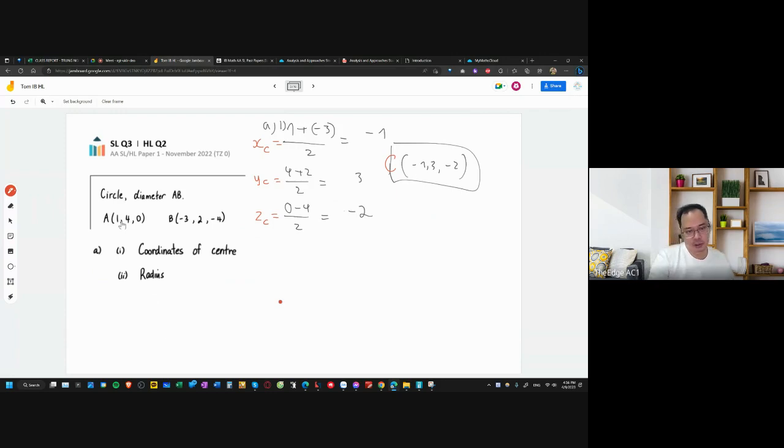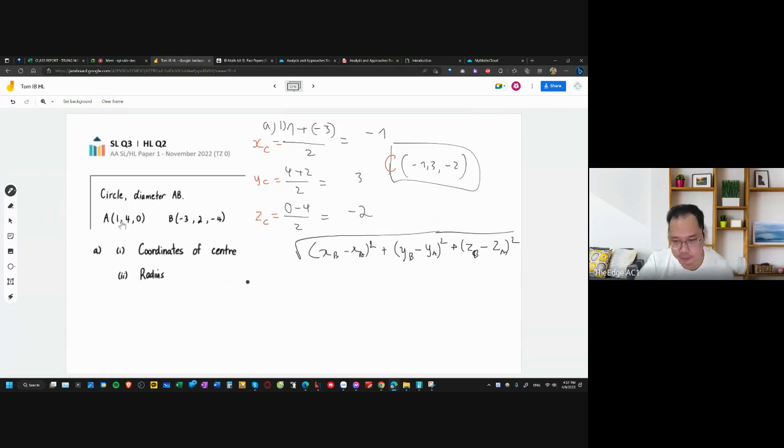The diameter AB, do you remember the formula to calculate the distance between 2 points? XB minus XA whole squared, and then add YB minus YA whole squared, and finally add ZB minus ZA whole squared.